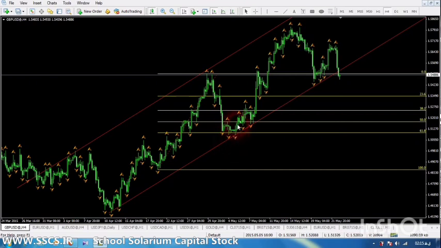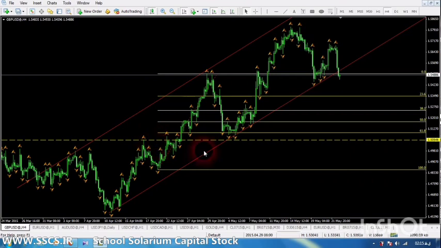I can put my stop loss here, or I can start buying, put my stop loss a little bit below my 50 level. But if I were you, I'd put it here at the tip of my pivot here, or a little bit below that. So I could start buying here and put my take profit on my 23 level.